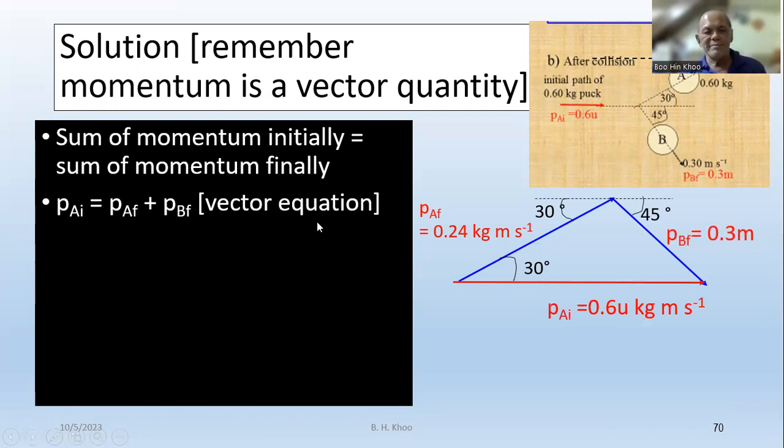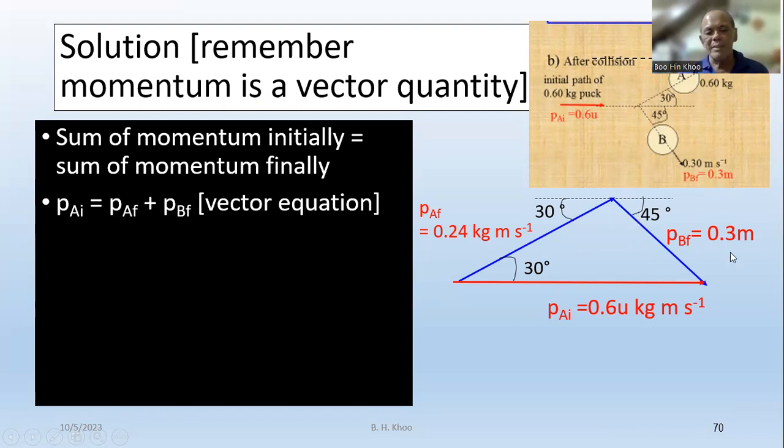Okay, let's draw that. That's the final momentum, according to this vector equation. 30 degrees to horizontal. Final momentum of B, that's the B, 45 degrees to horizontal, 0.3 m.